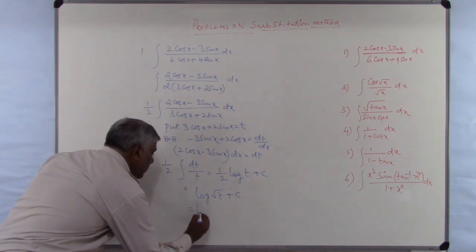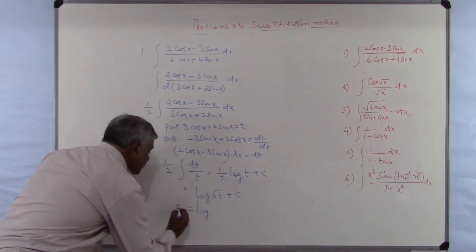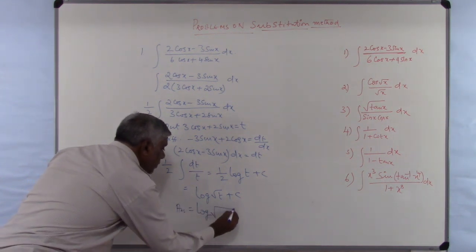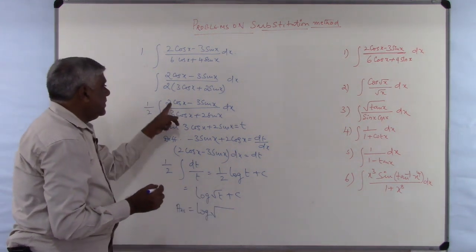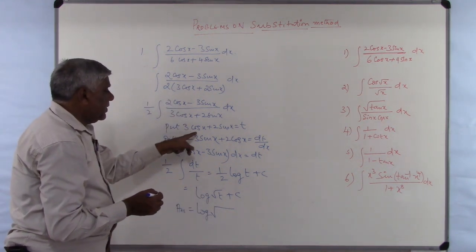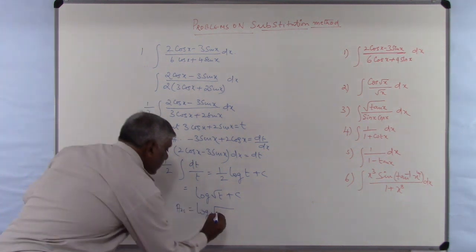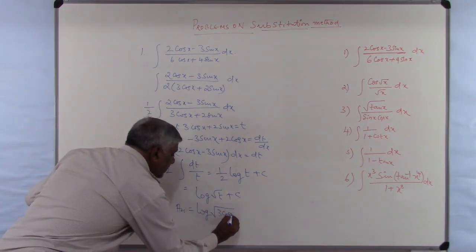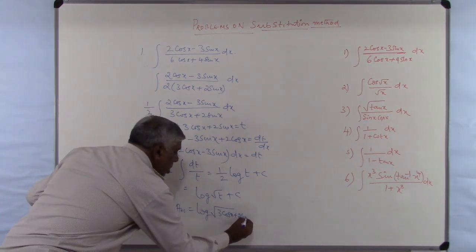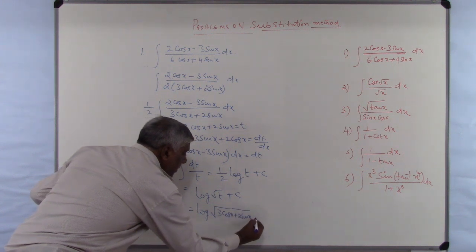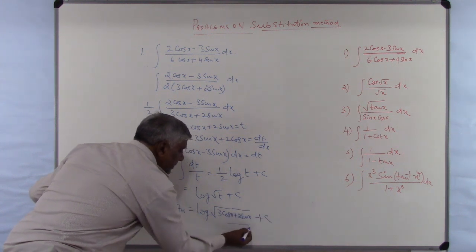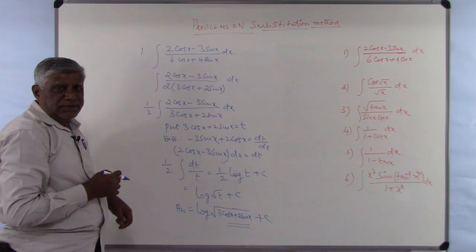So the answer is log of root of, how much is t? T is what we have kept: 3 cos x plus 2 sin x, plus c. This is the answer.